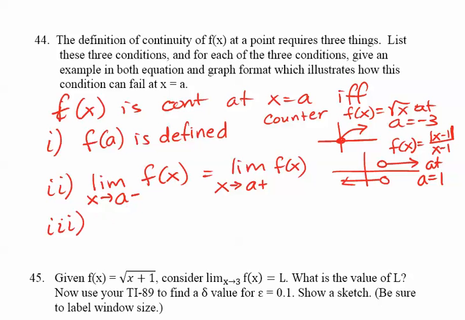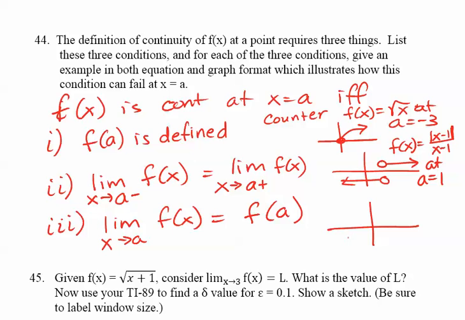And our third case is, does that overall limit equal exactly what we get by direct substitution? So our counterexample is when we do have a pop point. We could have any kind of a function that has a removable discontinuity.